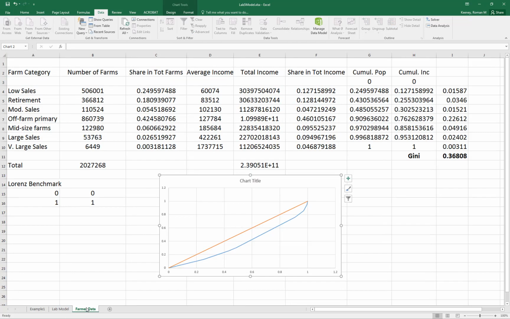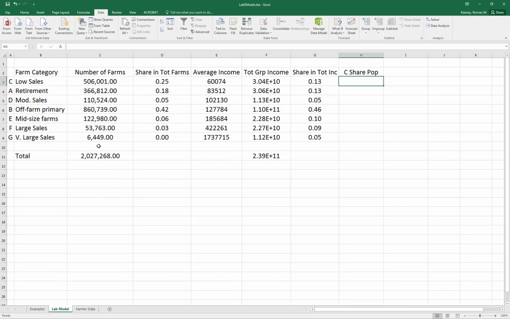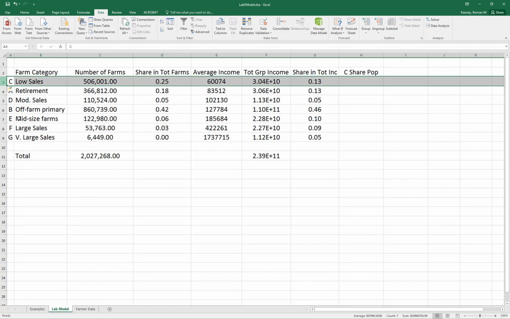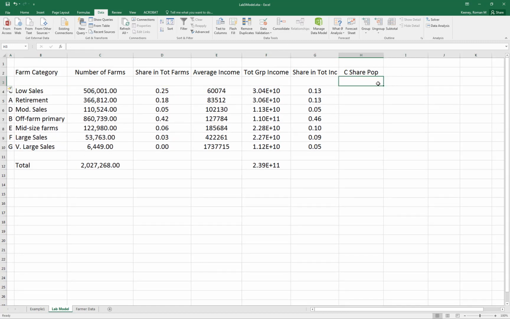Now that we've sorted, let's stick a blank row in, and we'll just start this one with 0 here, and then we'll need for the second one the cumulative population, the cumulative share of income, and those will both start with 0, right? So there's a 0 point to get on that graph that we're going to need to make.